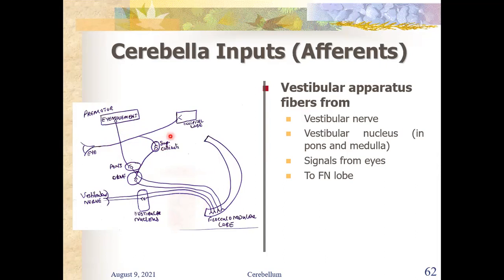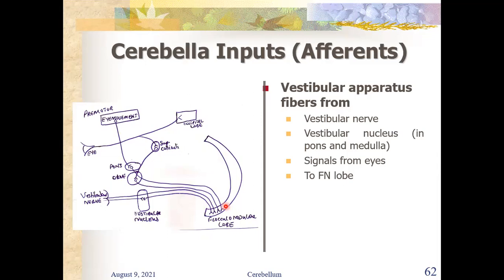It also shares those same eye movement impulses via the superior colliculi. It still goes into the inferior olives and then down to the cerebellar part of the flocculonodular lobe, which is also known as the vestibular apparatus.